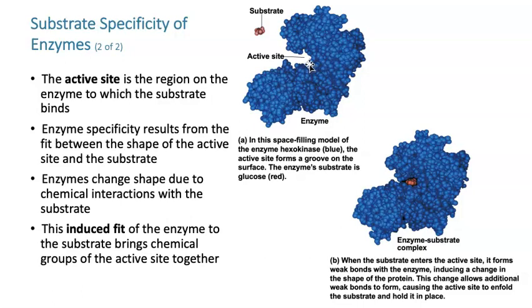Enzyme specificity happened. Remember, enzyme specificity, that's where a specific enzyme only binds to a specific substrate. This happens because of the shape. So here's the specific shape of the active site, and only this substrate is going to fit into that shape of the active site. Again, we call that enzyme specificity.